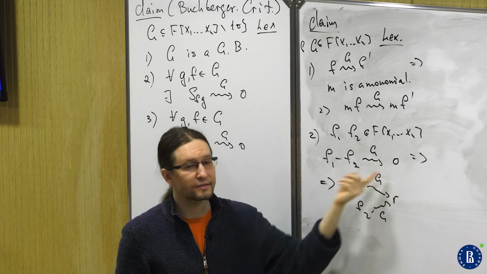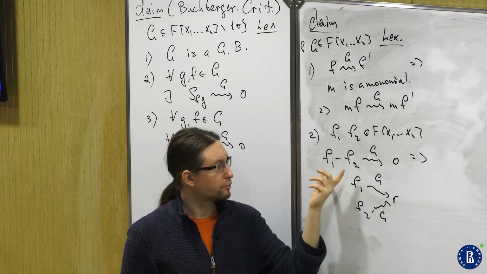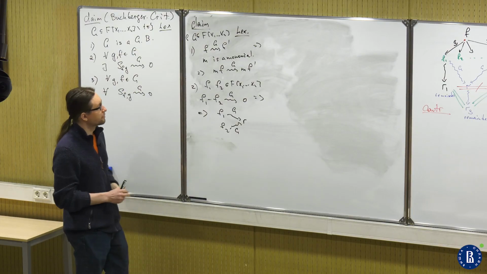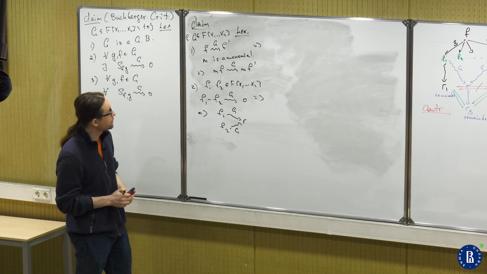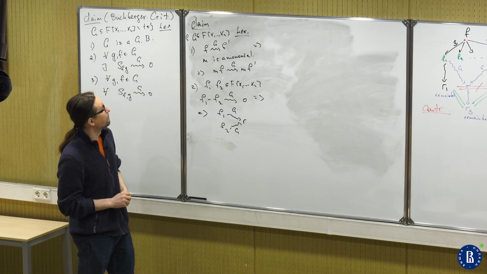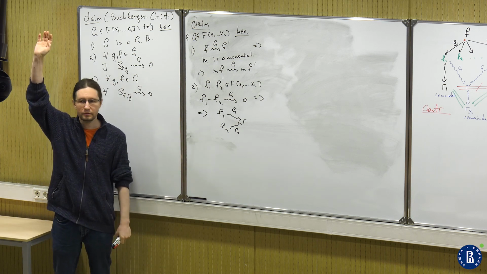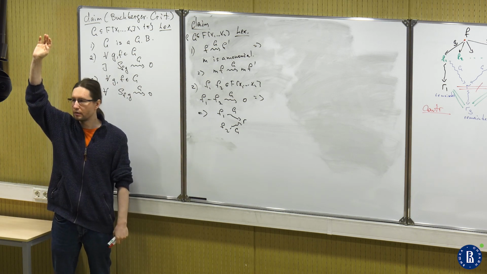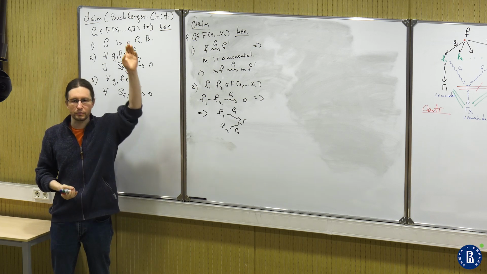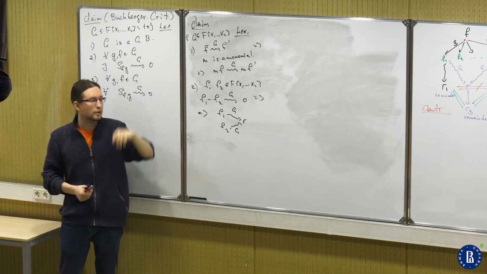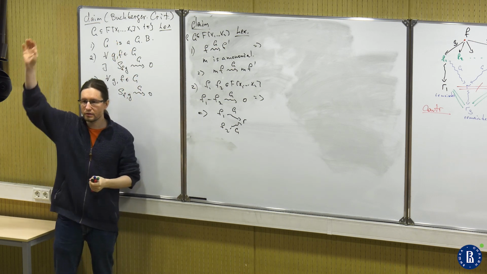You don't have to find some polynomial here. You just check that something can be reduced to 0. So that's why it will simplify the computation. Okay, now, who thinks that the first one is clear? Okay, is there anyone who doesn't think like this? Okay, who thinks that the second one is clear?